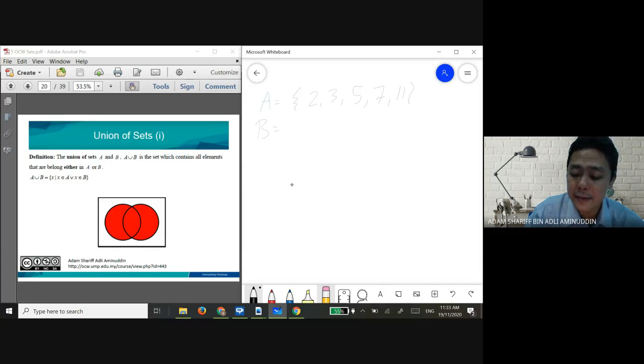And B is, I will use the same example for the remaining operations. Find A union B. Find A intersect B.